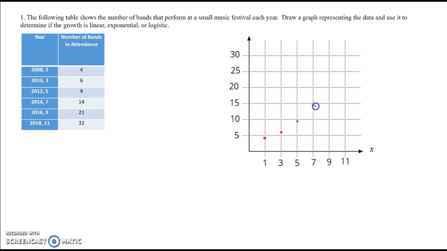So we can see right now it's not looking very linear to me. The 9th year, I had 21 bands attend. And the 11th year, I had 32 bands attend.